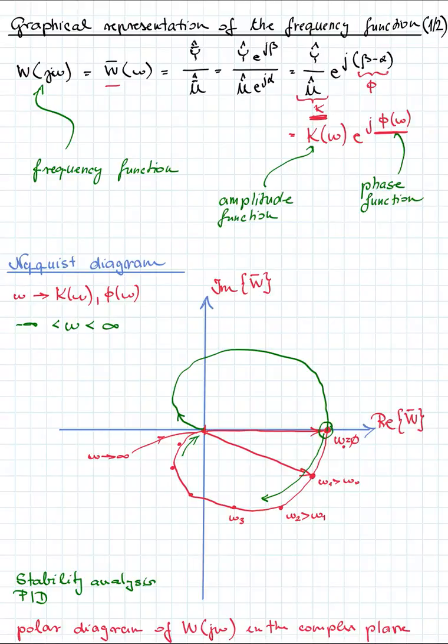It is denoted by the red curve. The green curve is for the omega between minus infinity to 0. So this point is minus infinity here. Omega is increasing in this direction. Omega is 0 at here, and omega is increasing to plus infinity.